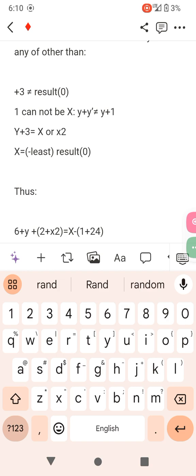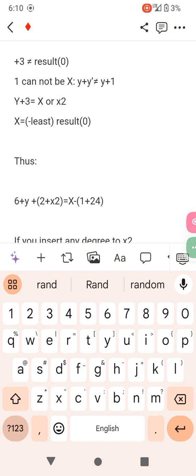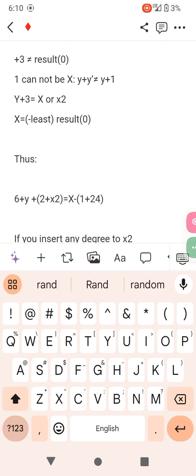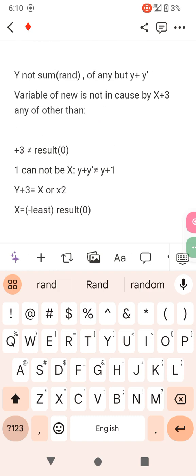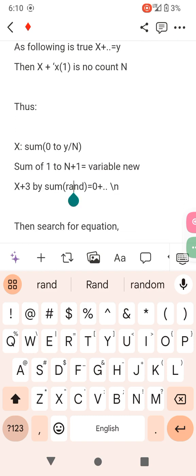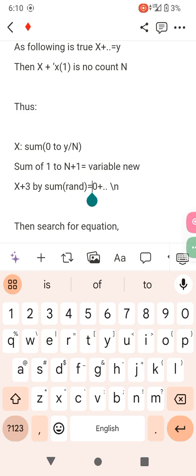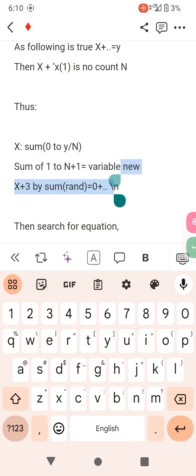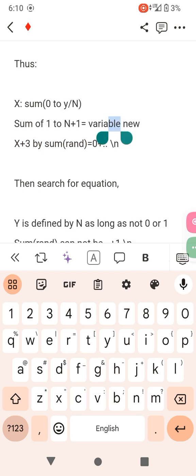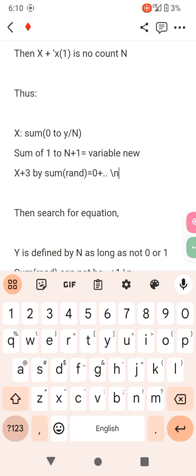Makes sense as long as you understand that y plus derivation of y equals y plus 1 by result 0 defined by or x2, and as well x plus 3 equaling at least out always to 0 plus something, and not always, or any time, always, over deconstructing counter n.